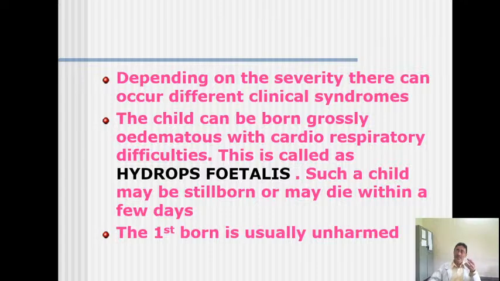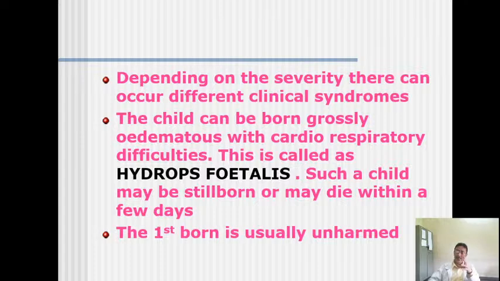As a result of this antigen antibody reaction between the anti-D antibodies and the RBCs of the fetus, macrophages are coming out, the RBCs are getting destroyed, and the destroyed RBCs are releasing hemoglobin. When they release hemoglobin, it is taken up by the macrophages. So now the macrophages will start breaking down this hemoglobin.